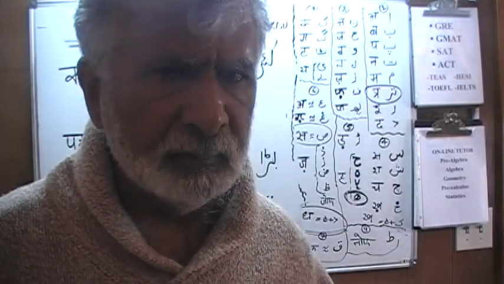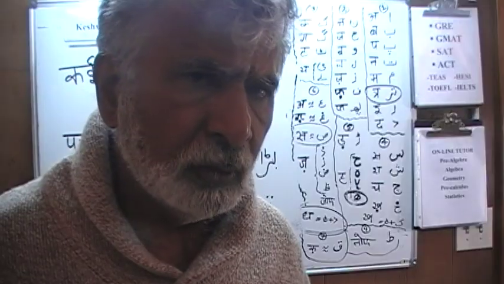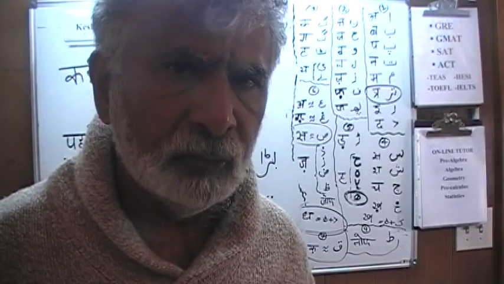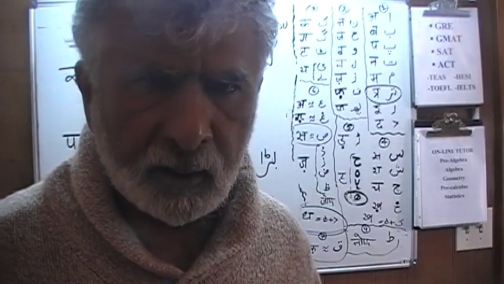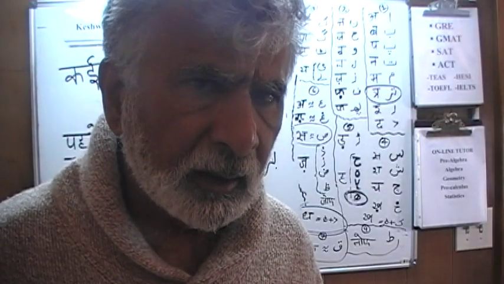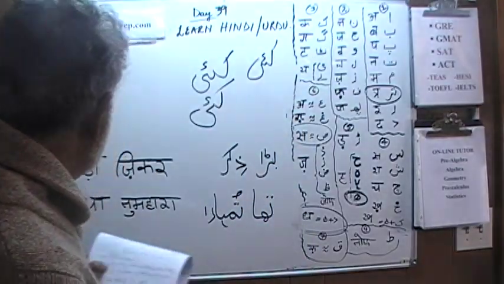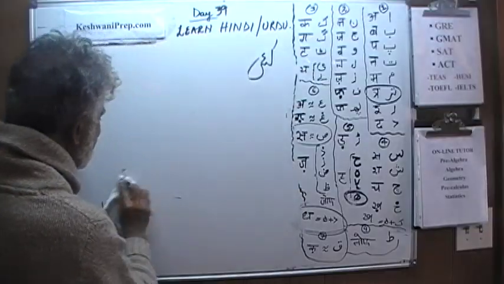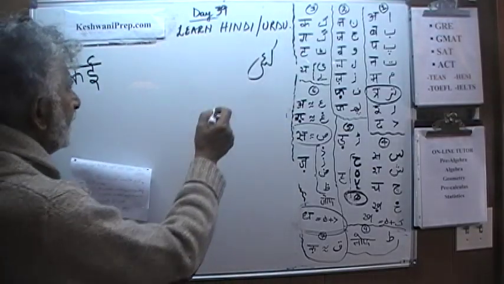I spoke to many people. कई बार मैंने उसको आजमाया था. I tried it many times. आजमाना means to try. हाँ, कई बार मैंने उसको आजमाया था. नहीं काम कर रहा है. I tried it many times. It doesn't work. कई बार means many times.